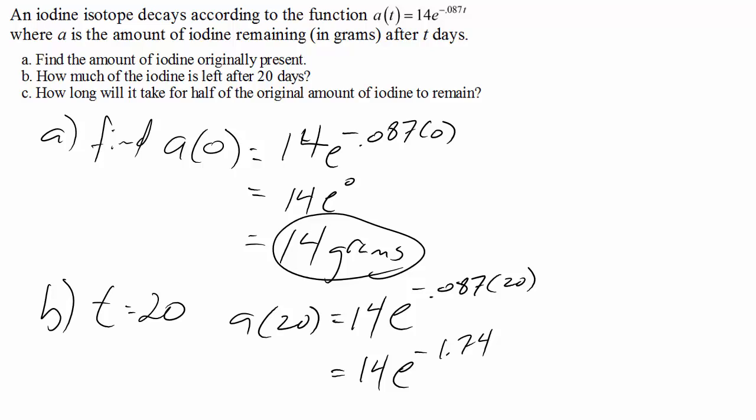Now all this just becomes a bit of plug and chug on the graphing calculator. So we'll put in 14 times e to the power of negative 1.74, and we get 2.457 when rounded to 3 decimal places, like the problem instructed, and that's again in grams.